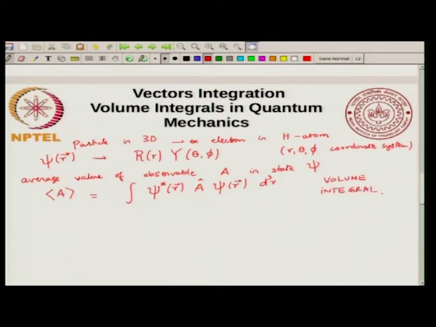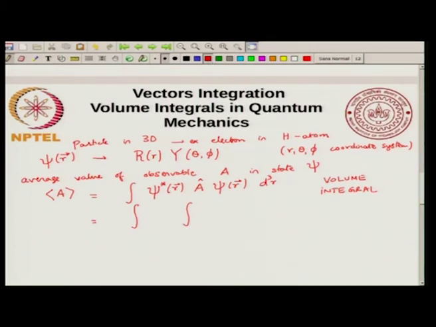What is typically done in such cases is you separate this into 2 parts, a radial part and an angular part. Depending on the observable, you write this as 2 integrals. My psi is written as a product of the radial part and an angular part.